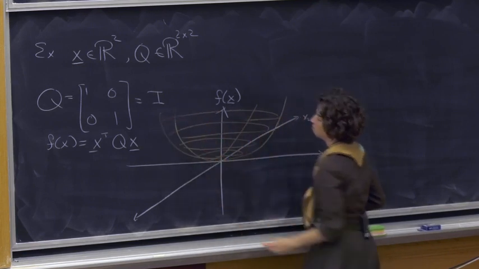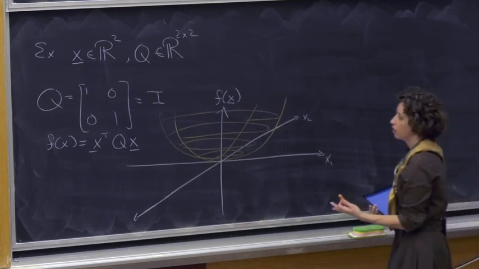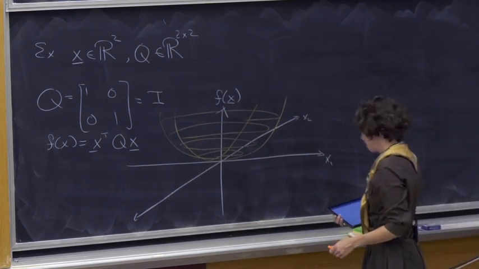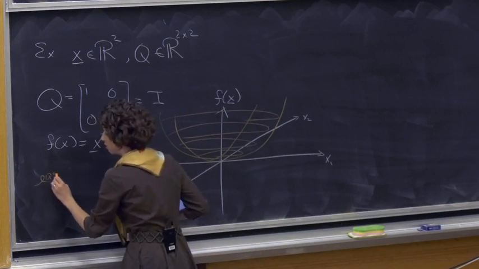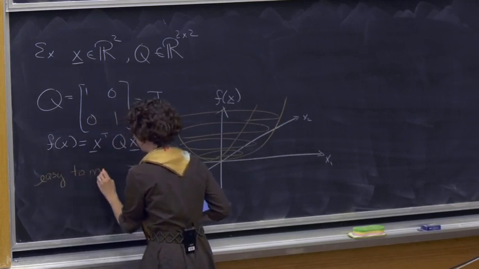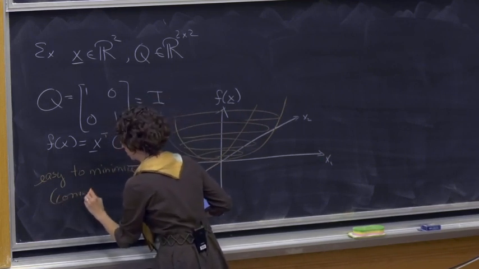Hopefully that looks something bowl-like. And so again, the intuition that we had in the scalar case should carry over here. So when Q here is positive definite, then we have a function f that is easy to minimize, or convex.